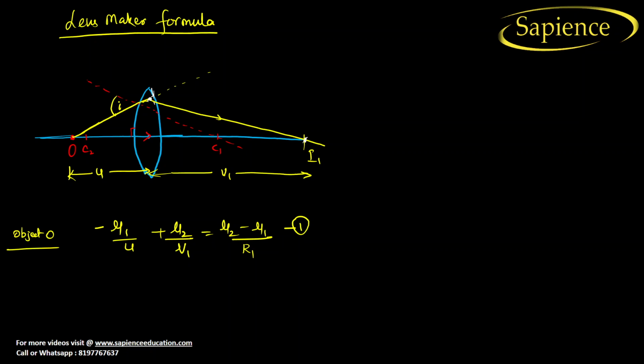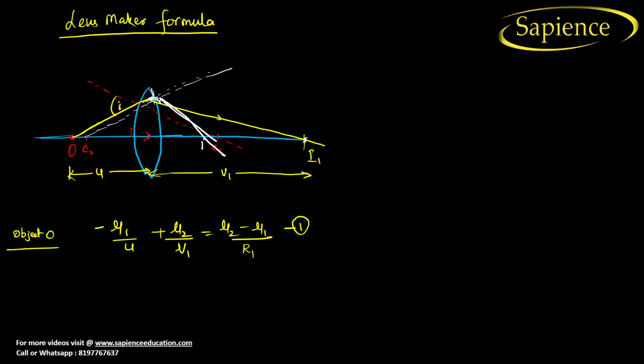So what will happen? It is going from the denser to the rarer medium. When it comes to this surface and we draw the normal, it will bend away from the normal, like this. So let us consider this is the light ray.